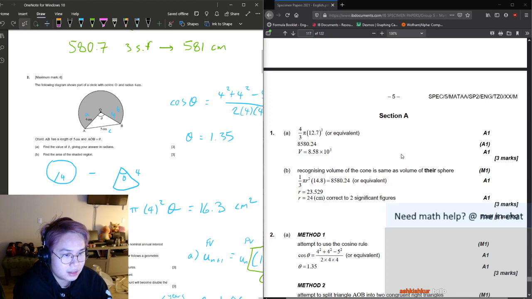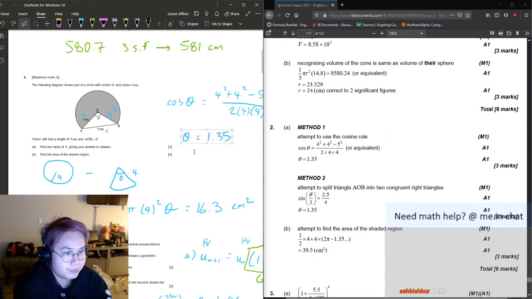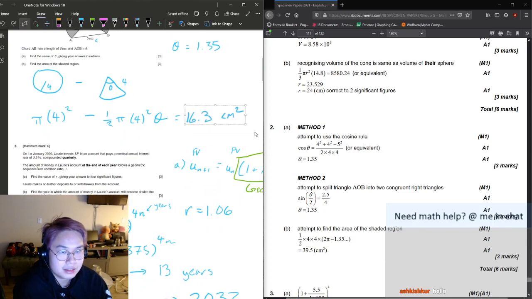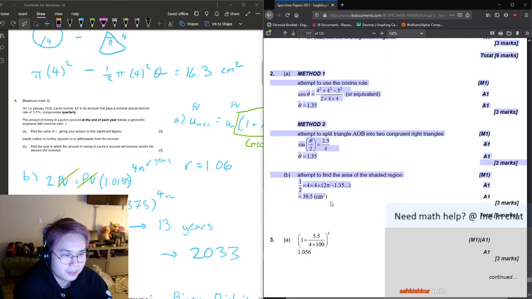Moving on. 1.35, 1.35, 16.3 centimeters squared. And then 35. Oh, why did I get this one wrong? What am I missing?